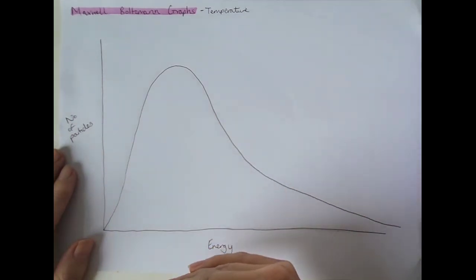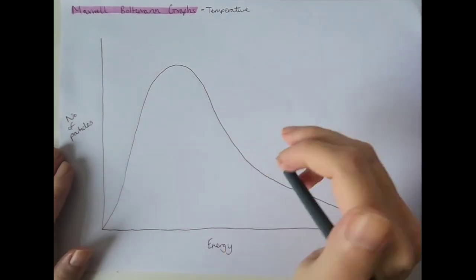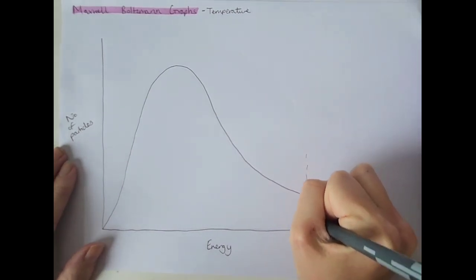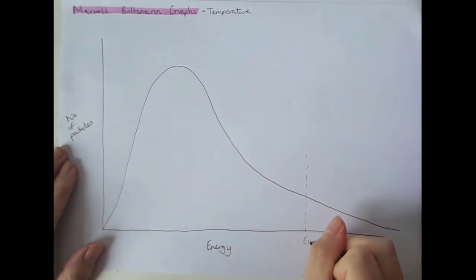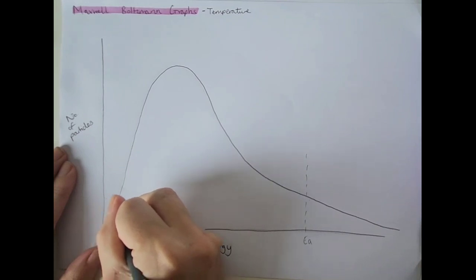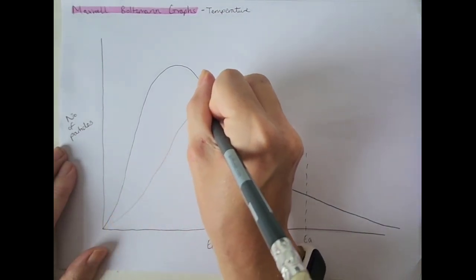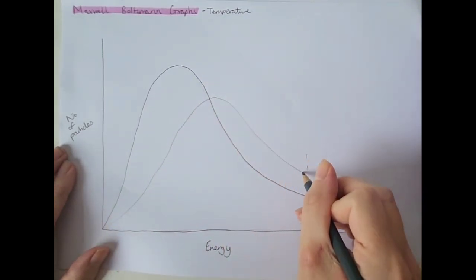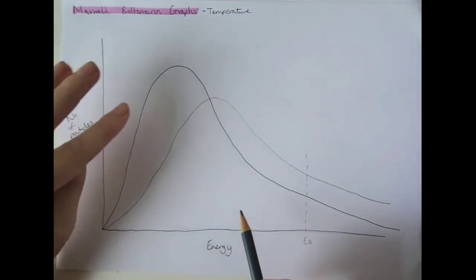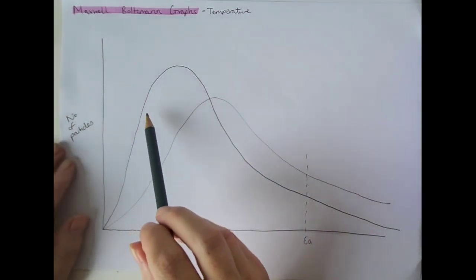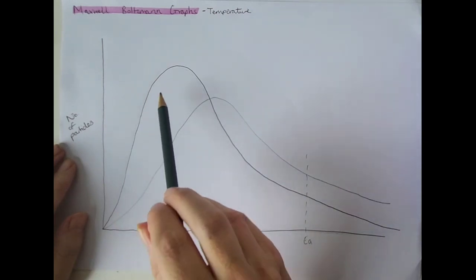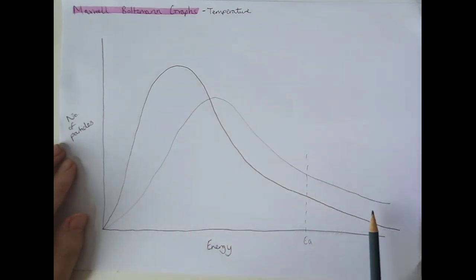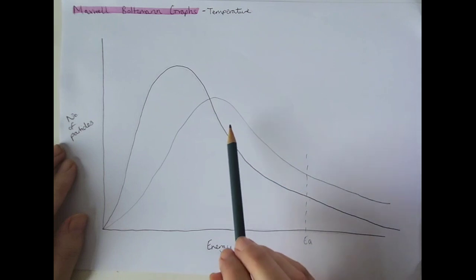So if we put our activation energy on, you can see if I increase my temperature, my peak would be further to the right and lower. But I have to try and maintain the area the same. So this area here that is now not particles should be roughly equal to the area that's now spread out over here.